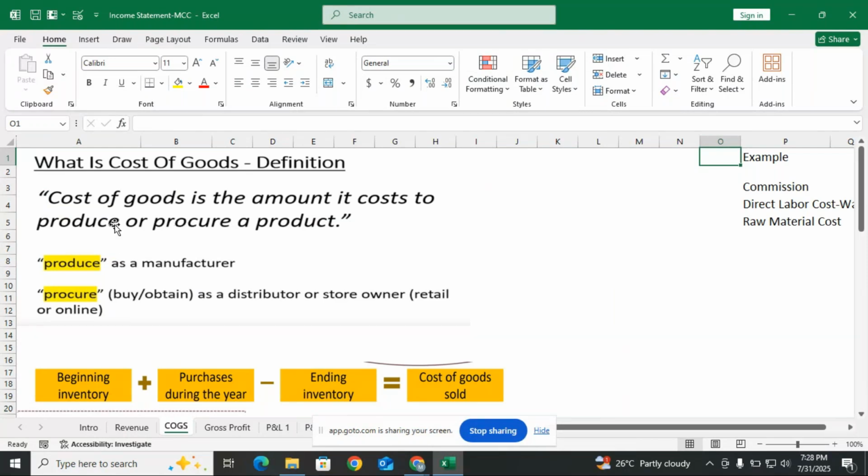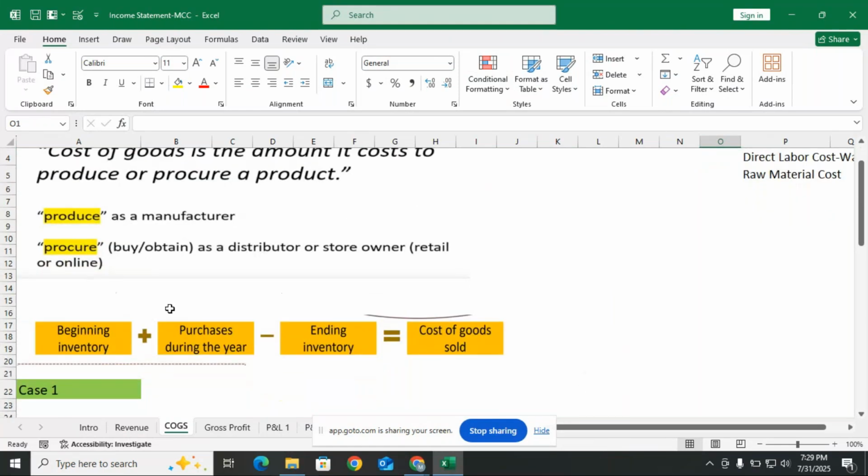So now I'll define it again. Cost of goods is the amount it costs to produce, and produce is for a product, so obviously it's for a manufacturer. Or procure a product, which obviously is not for manufacturing. It's again for a reselling purpose, if you buy or operate as a distributor or store owner for retail purposes or for online purposes.